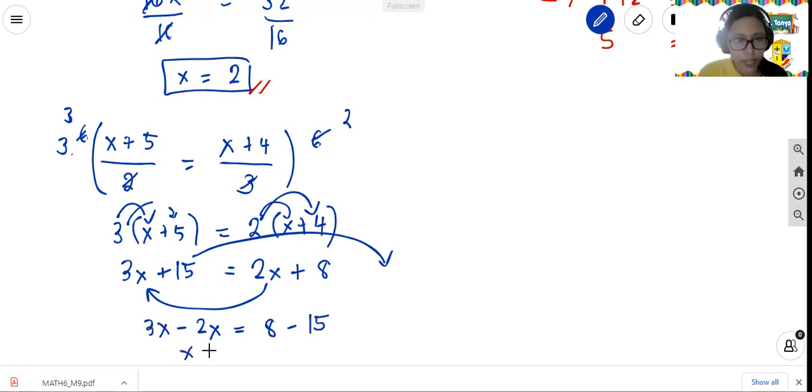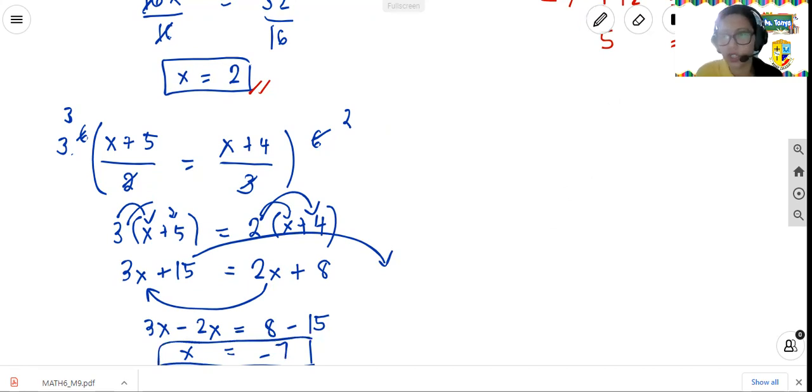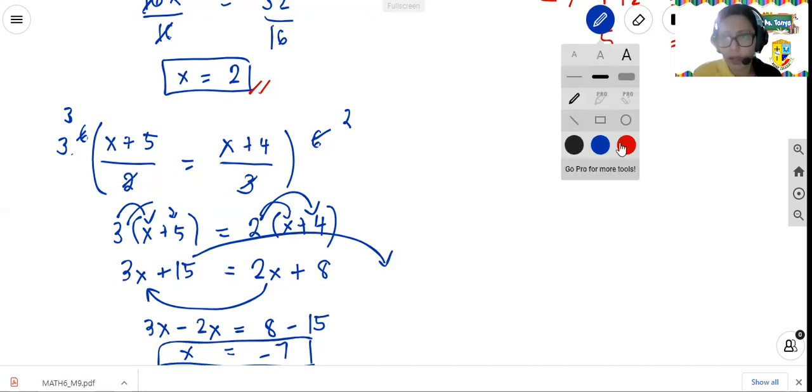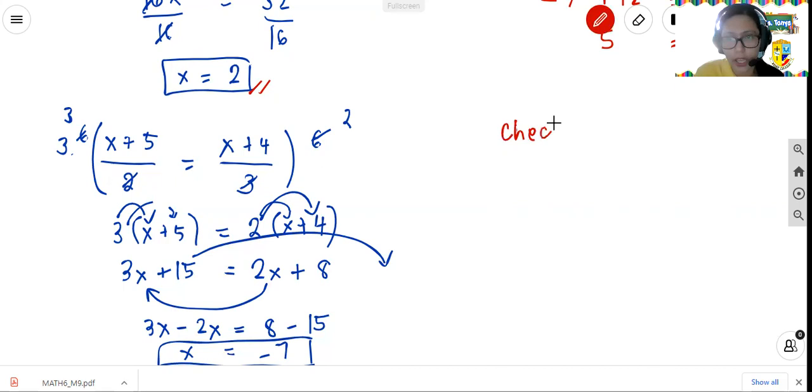And we have here x is equal to negative 7. So let us check if our solution is a true solution by substituting x equals negative 7. So negative 7 plus 5 divided by 2.